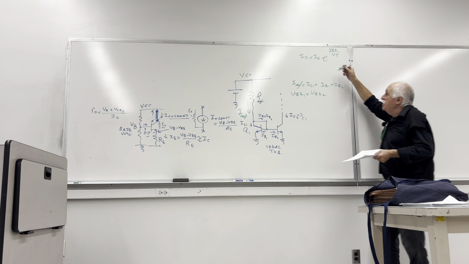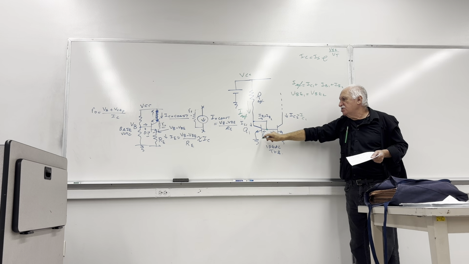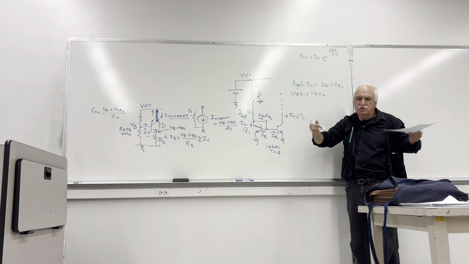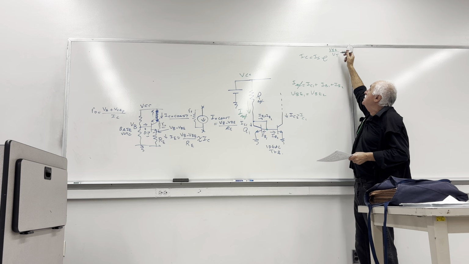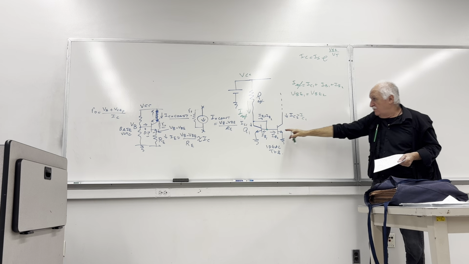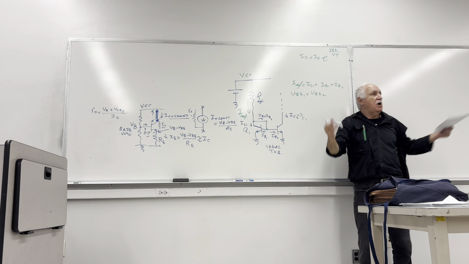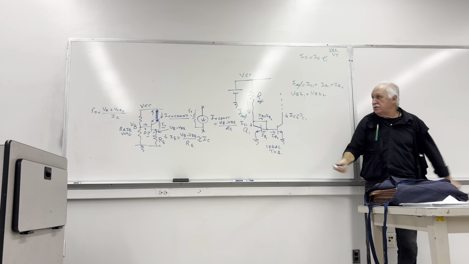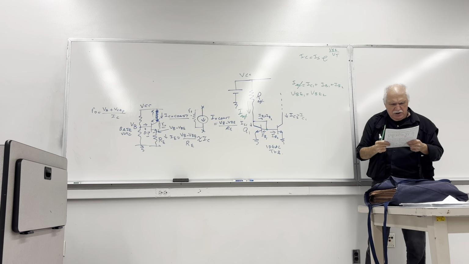So, if their physical size is identical, their concentration of carrier flow, which determines the betas, is identical, and the base-emitter voltages are identical, the way that we set up here, then the two ICs will be copies of each other, completely identical. So it makes IC2 equal to IC1.